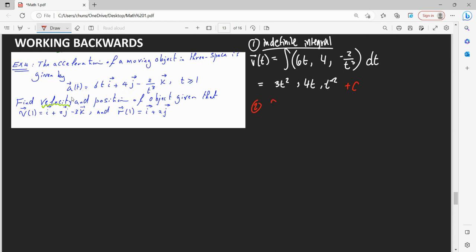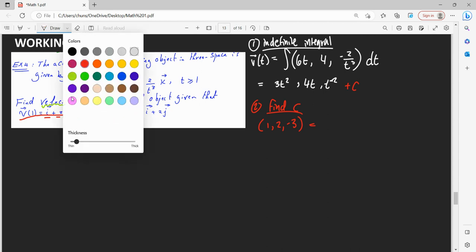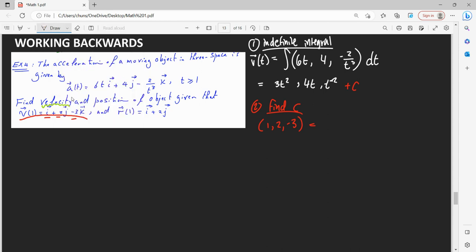So this is always the catch. Now we need to find c. So we are given what velocity is at 1. So that means we want to make this over here, that's 1, 2, negative 3, just looking at the coefficients for each of those, equal to whatever we got up here.